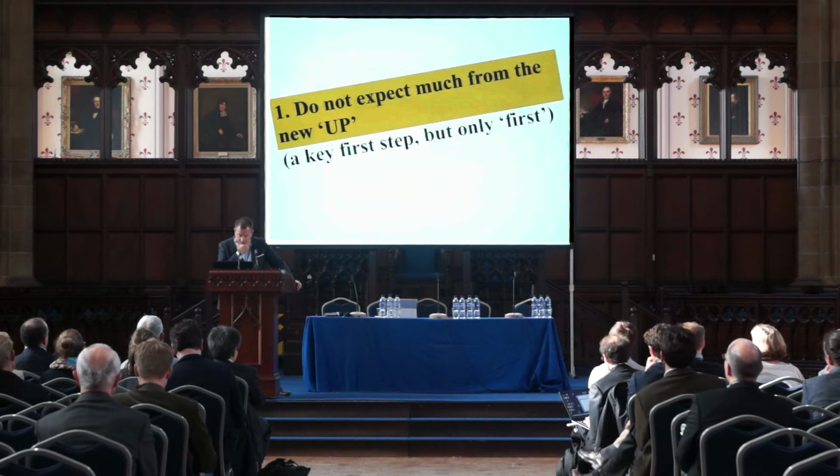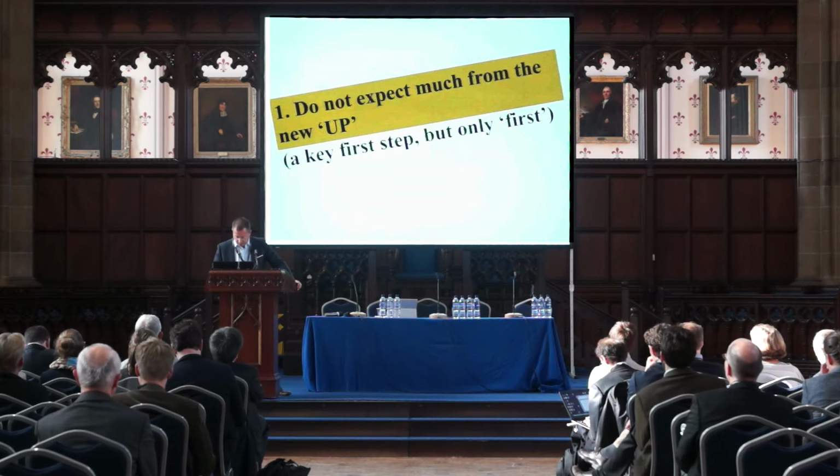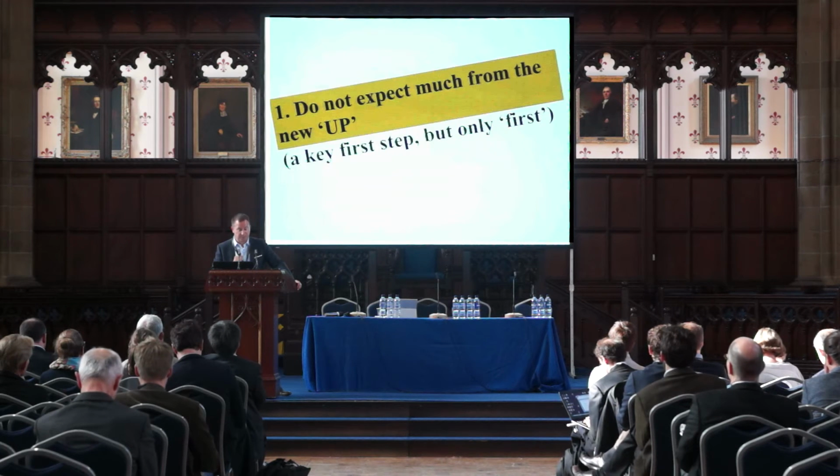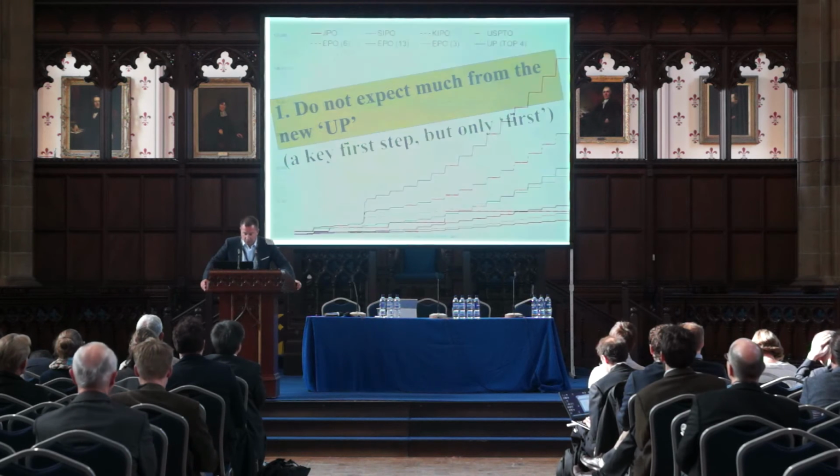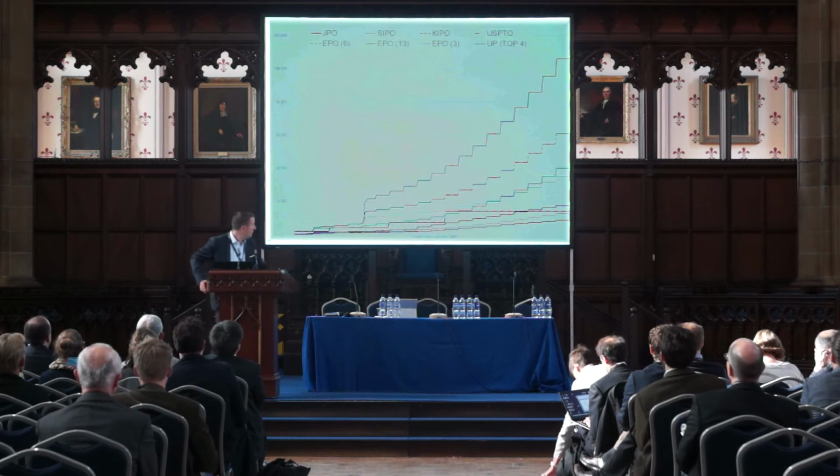Okay. Just a remark, don't expect much, and I think that Brouwen's presentation confirms a little bit that the unitary patent at the moment is a very important first step, but we still need political power to make it efficient in Europe.